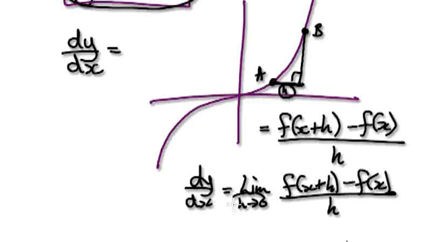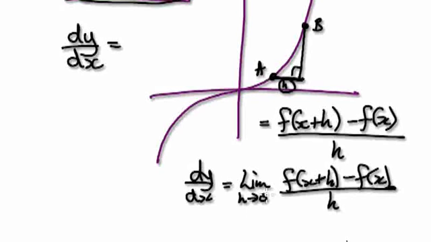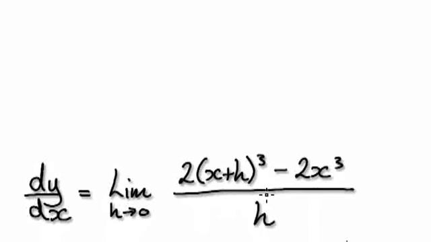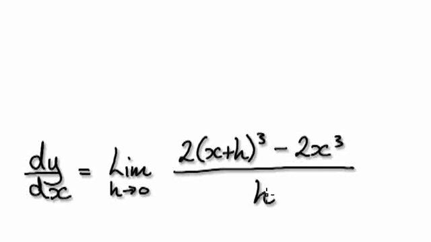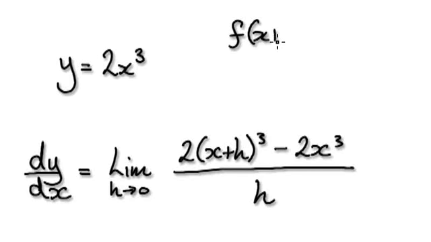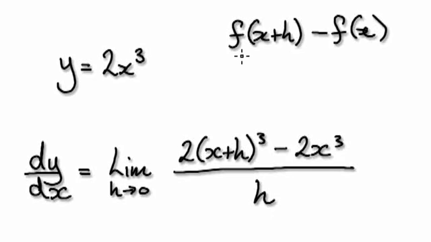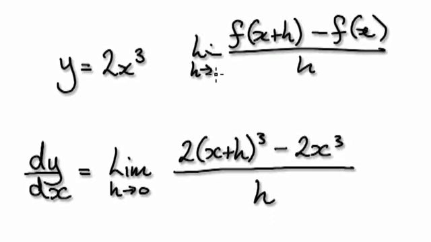Okay, so now this here is your true gradient. It's when you start to take the limit, or as h tends to 0. So that would take you to here. Remember, originally our equation was 2x to the power 3, and we wanted x plus h, take away this, and then take the limit as h tends to 0.